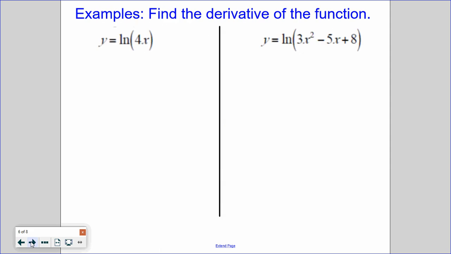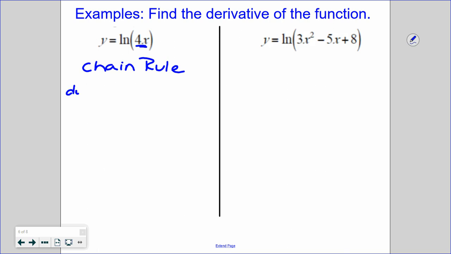All right, so we want to find the derivative of these functions. Our first function is natural log of 4x. Now if that was just natural log of x, then it would just equal 1 over x. But because the x has been replaced with 4x, we have to use chain rule.